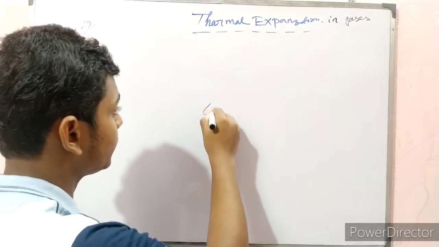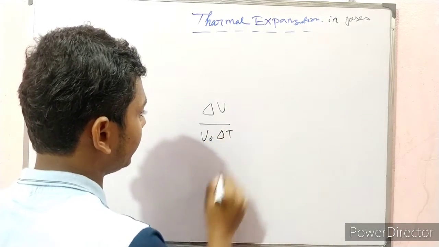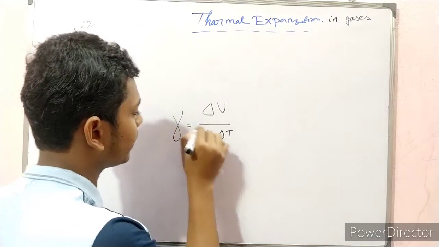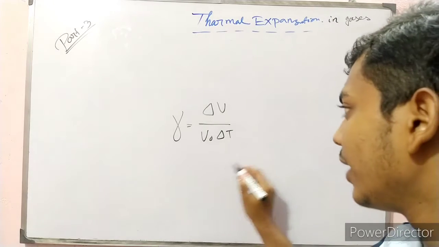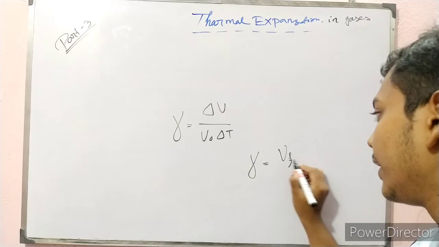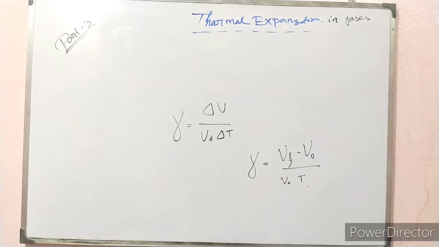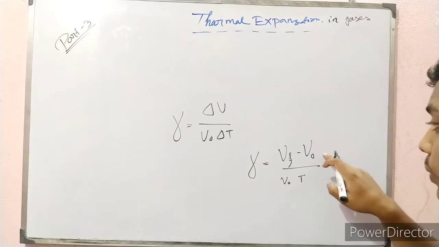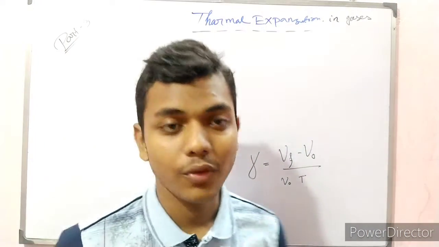In volumetric expansion, the change in volume is V naught delta T, and the coefficient of volume expansion is gamma. So gamma is equal to V final minus V naught over V naught T. Here T is the temperature, V naught is the initial volume, and Vf is the final volume.